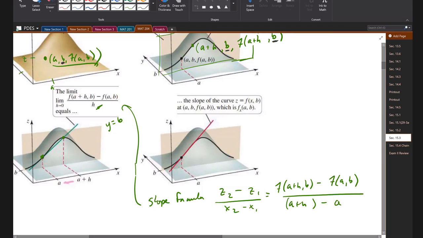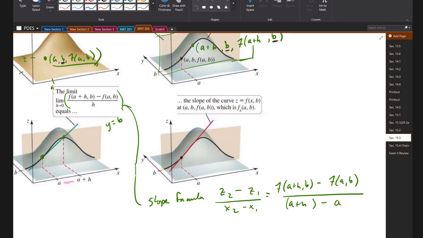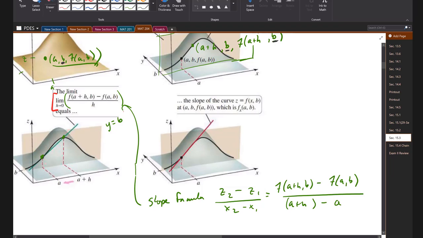So the slope of the green line, which is connecting these 2 points, is given by this expression right here. And I'm being very careful what I'm circling there. So let me just say that one more time. The slope of the green line, which is the slope of the secant line, is what I've just put in parentheses there. And then the whole magic of Calc 1 was to say, let's look at the limit as the distance between the two x-coordinates goes to 0.